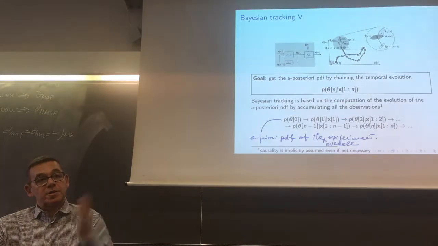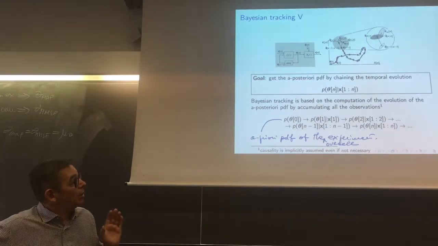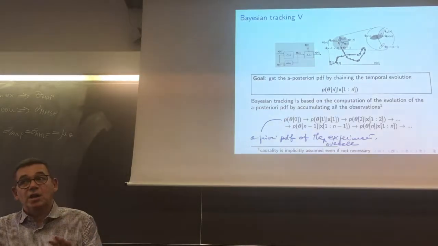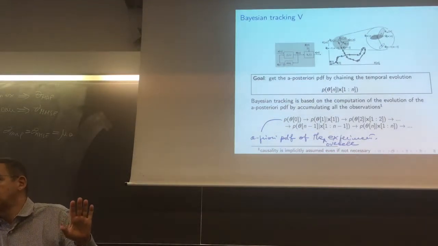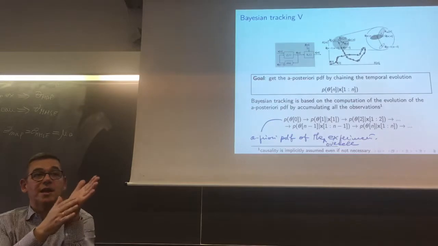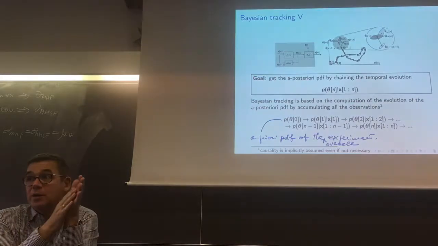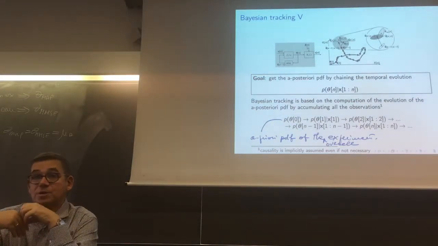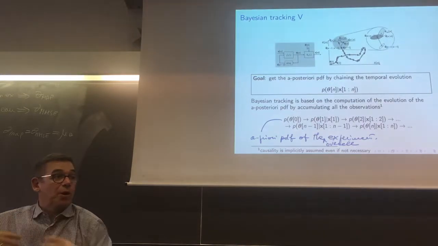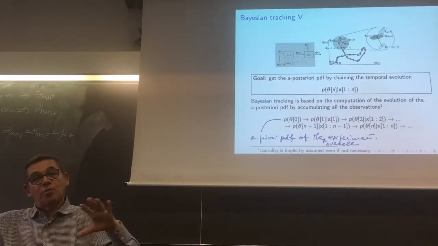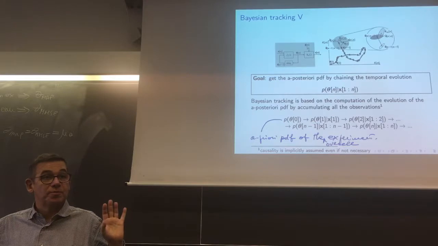Okay? So that is the a priori PDF of the overall tracking experiment. If we are simulating the case where you are estimating and tracking my position, for instance, the a priori is going to be uniform within this group.